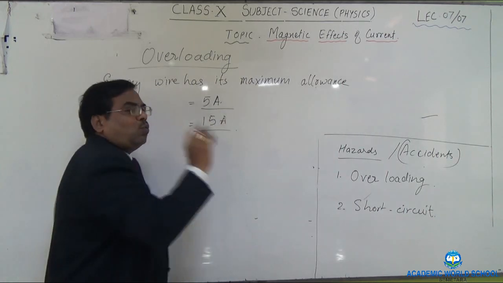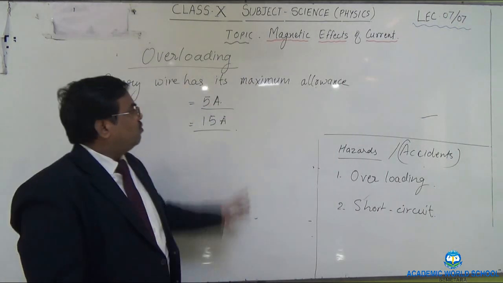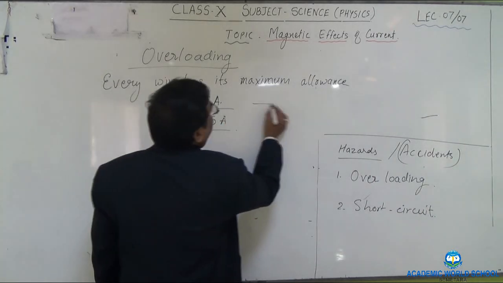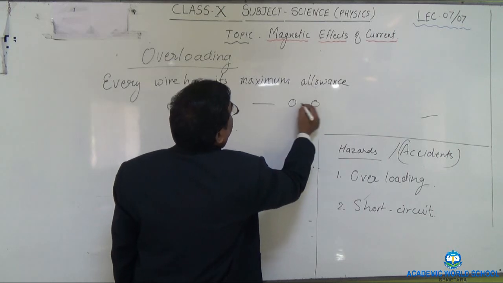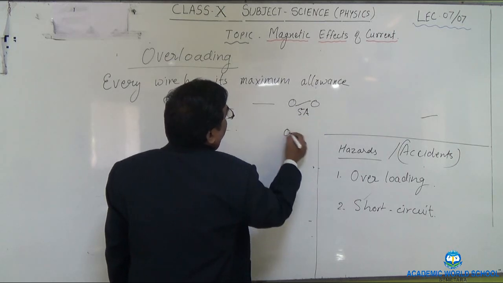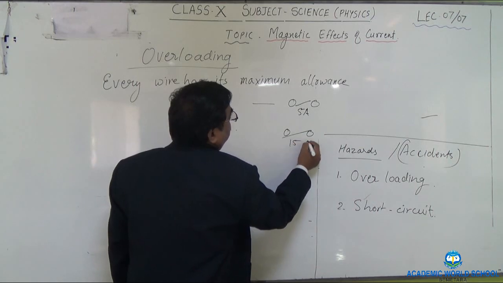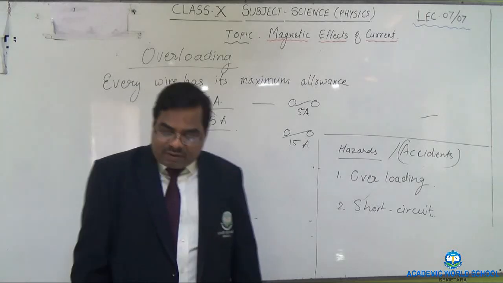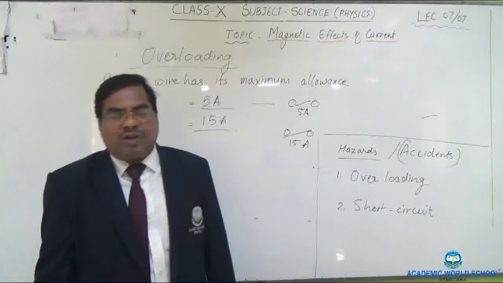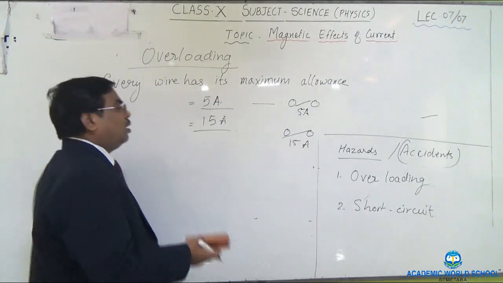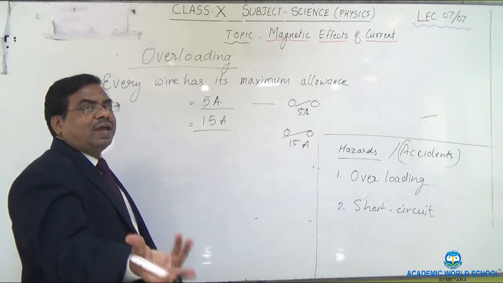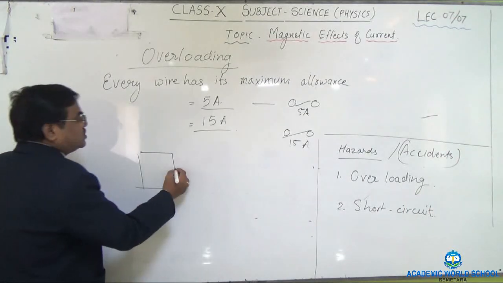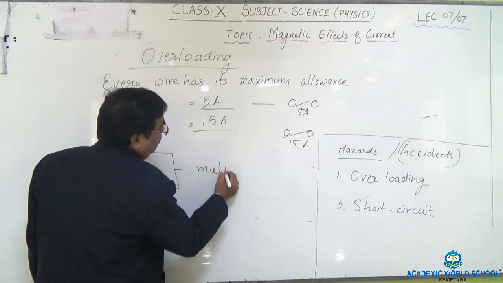That's why we are using two kinds of fuse, 5 ampere fuse and 15 ampere fuse. So two kinds of wire and two kinds of fuse. But sometimes, not deliberately but due to negligence, we are connecting many appliances using a multi-plug.